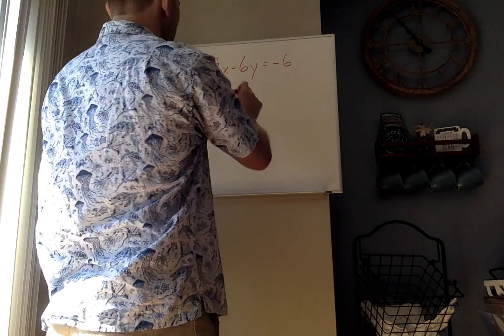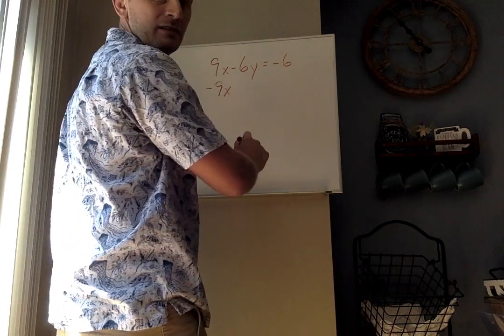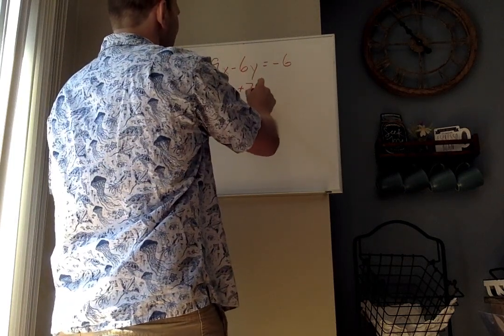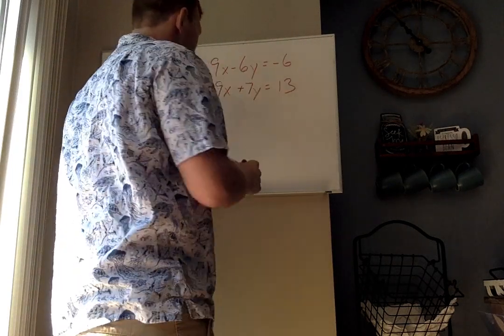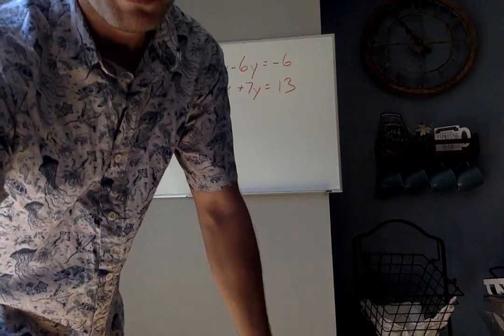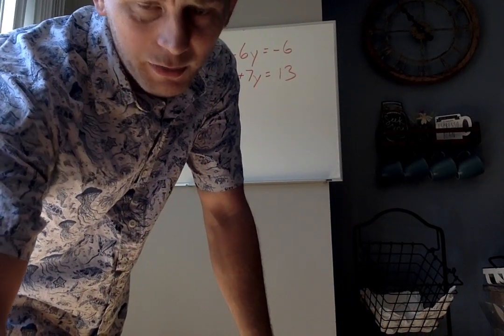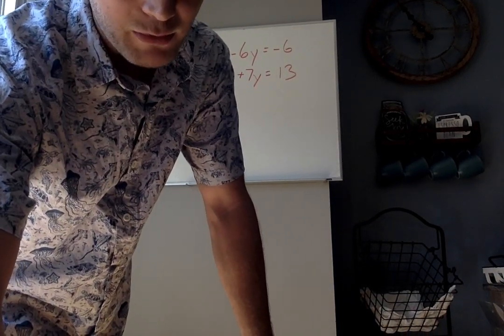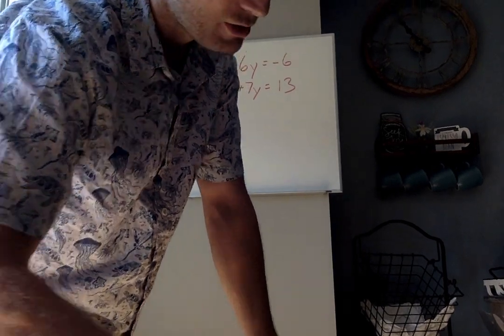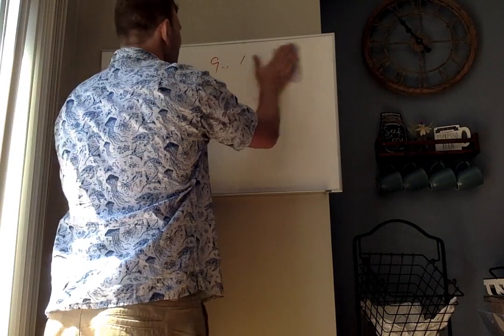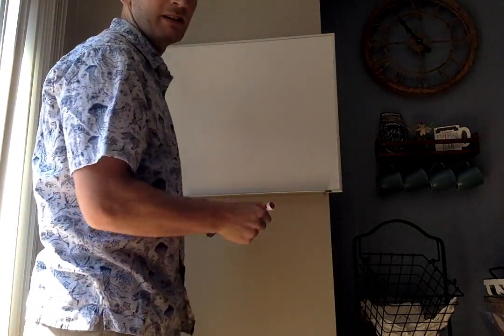And this one says negative 9x plus 7y equals 13. And I would go ahead and add those, but let me see, because I don't want to use up all of my problems on ones that are the same. So let me jump to the next level. Okay, so instead of doing this problem, I'm going to do this problem.